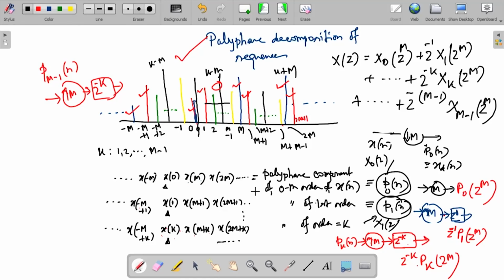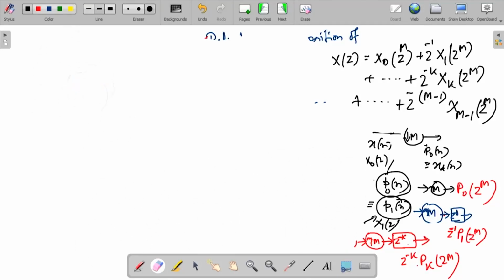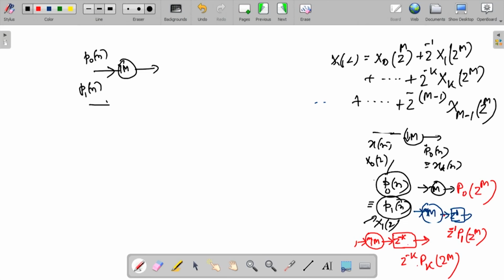This is in time domain, this is in Z domain. Time domain we have seen, in time domain what we saw, P 0 n expanded, P 1 n, then Z inverse, dot dot dot.